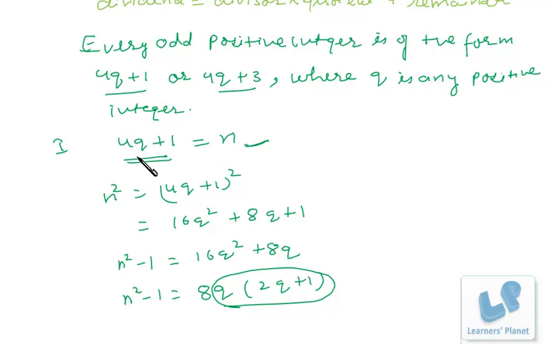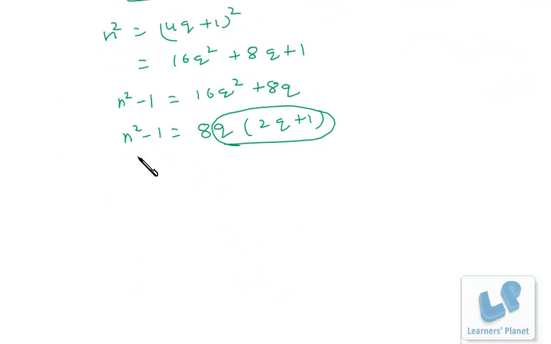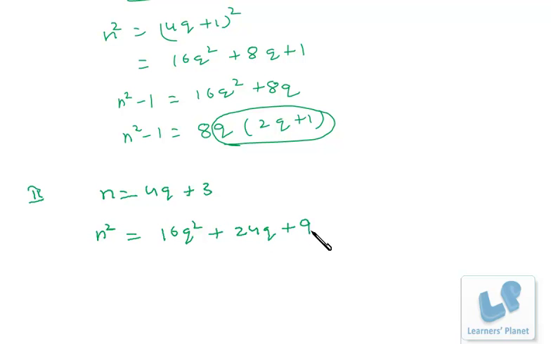Now let's take up the next case, when the number is of the form 4q plus 3, right? So let's see what happens then. Second case, when the number is of the form 4q plus 3. Again calculate n square. So that's 4q plus 3 whole square. So that's 16q square plus 4 3s are 12, 2s are 24q plus 9, right?